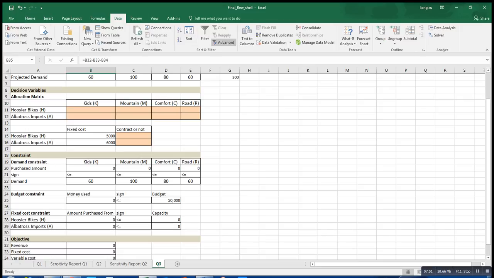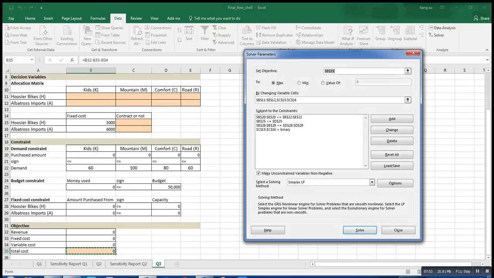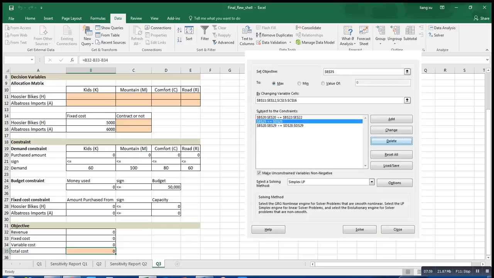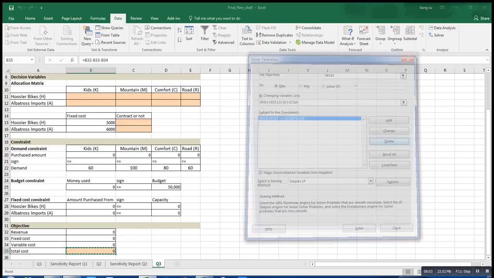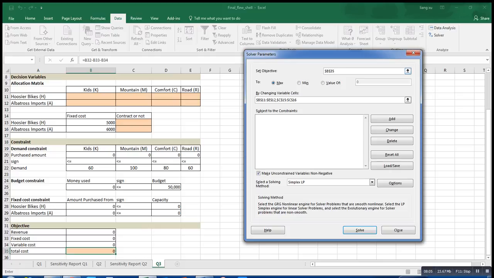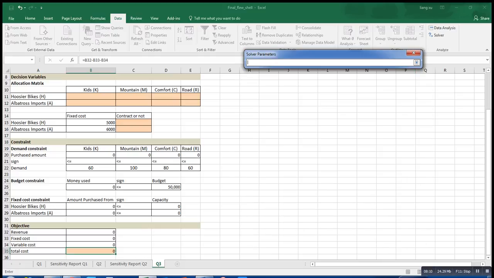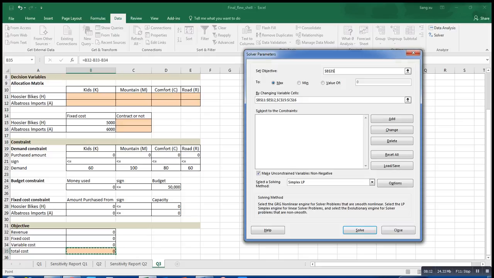Go to Data, Solver. Let me clean this up first, just to show you how to set up the model from scratch. Okay, so the objective function is very straightforward. It's total cost.